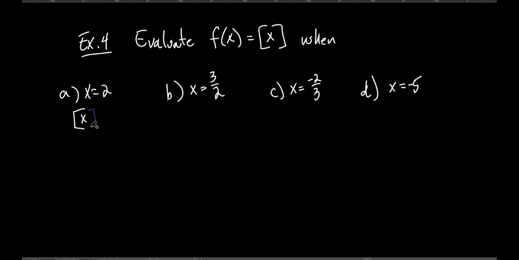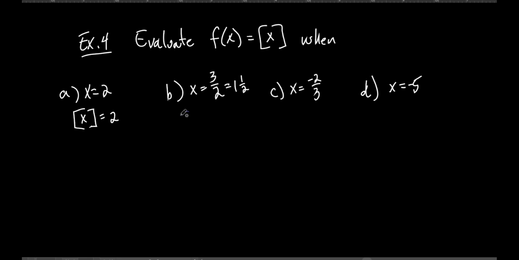There we go. All right, so what is this? If x is 2, what's the greatest integer of 2? 2. It's 2 because it's the greatest number that is less than or equal to that number. It'd be a lot easier if we took 3/2 and made it 1.5. So what's the largest integer that's less than 1.5? It's 1.